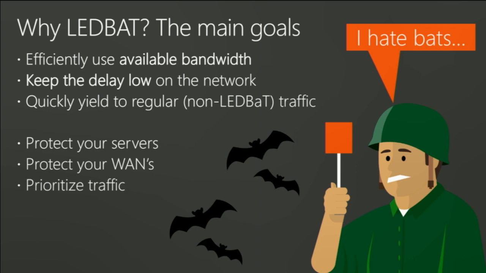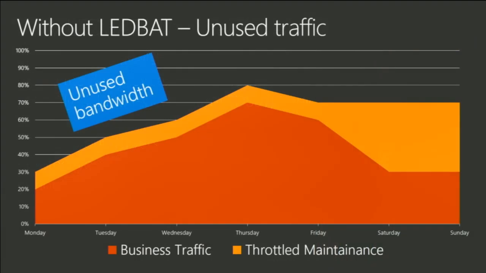We want to protect all of the servers as well as the network from getting overloaded. You can use the same technology both as a sender, sending things to servers, and downloading things from servers. But it also gives you an extremely good way of prioritizing traffic.